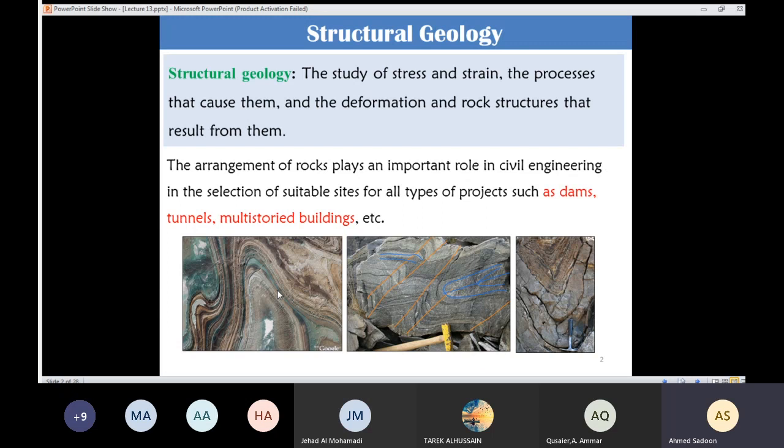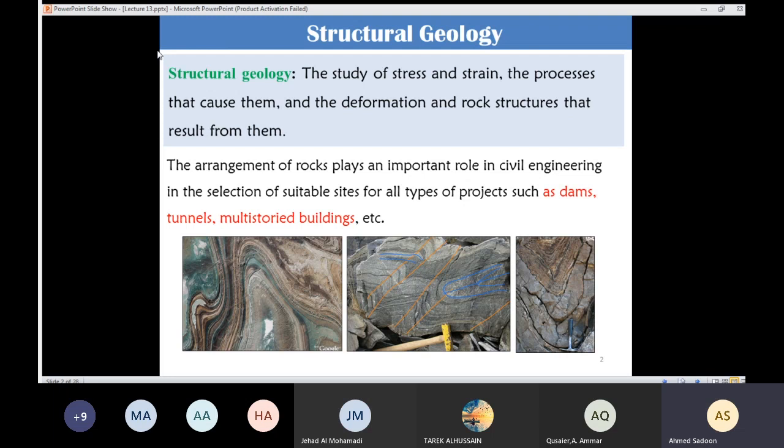So we said that today's topic is going to be about crustal deformation, the deformation that is going to take place inside the crust. In order to study this, you are studying what's so-called structural geology.